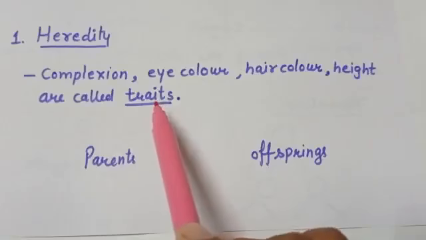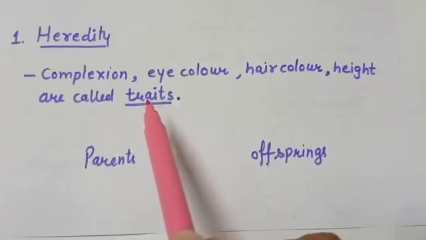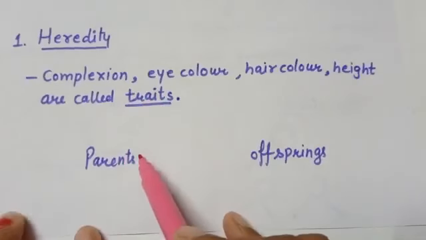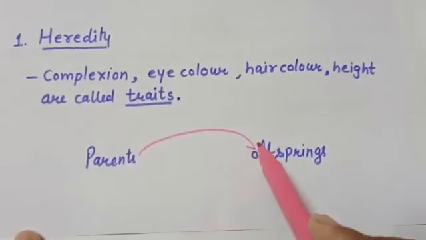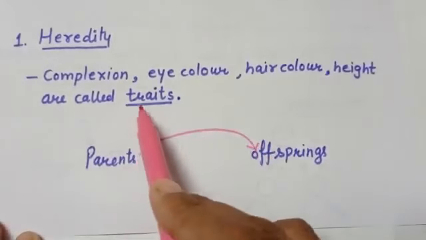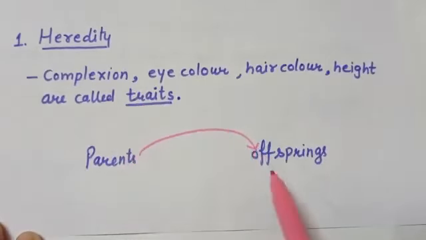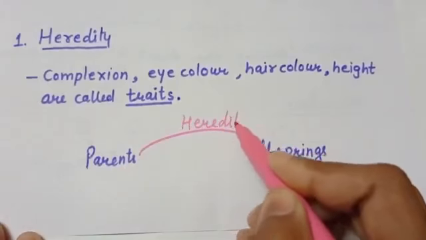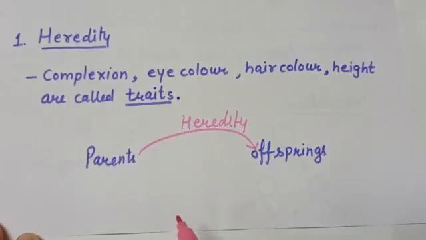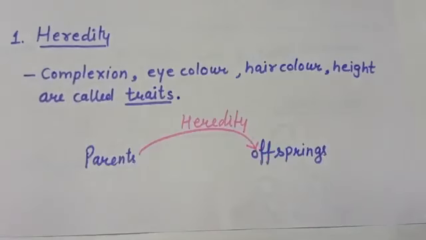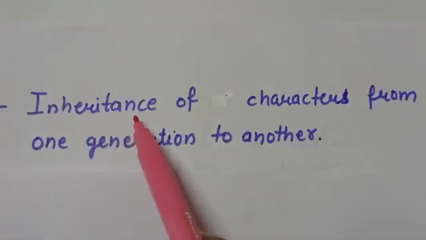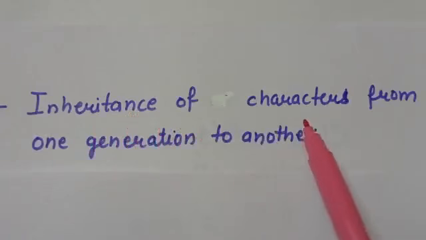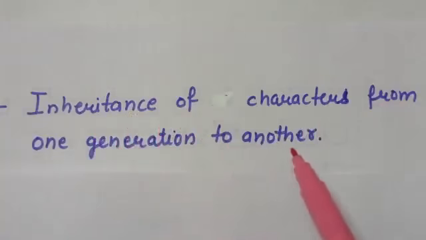And when these traits are transmitted from parents to offsprings, this transmission of traits is called heredity. So basically heredity is the transmission of characteristics from parent to the child or offspring. We can say it is the inheritance or transmission of characters from one generation to another.